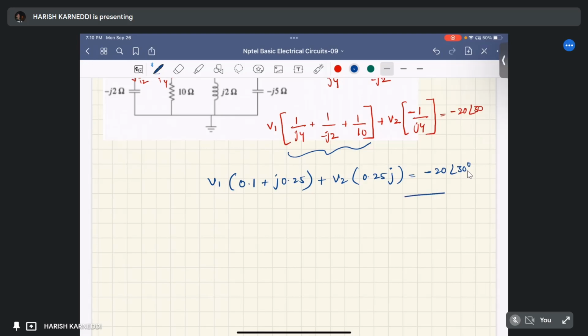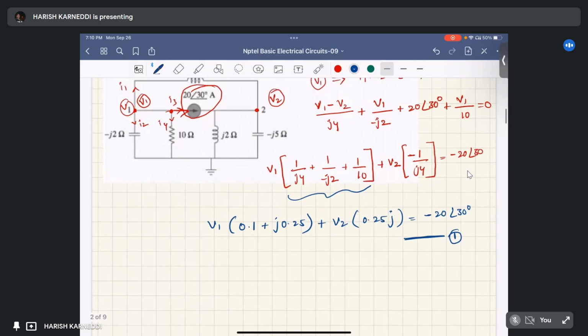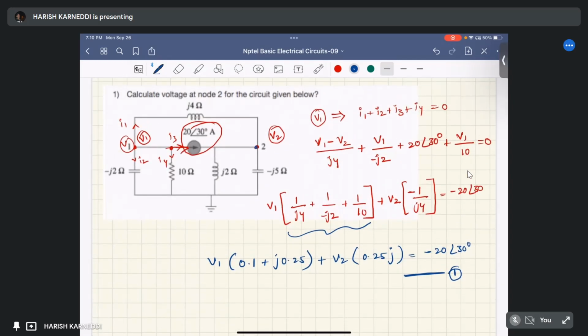This is the KCL equation at node 1. We can consider this as equation 1. Similarly, we can apply KCL at this particular node 2. Now consider the directions of current: let us suppose this is IA, this direction of current is IB, this is IC, and this is ID.